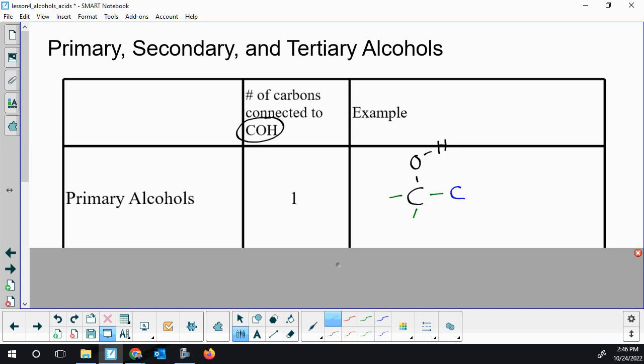That could be 2 in a row, 3 in a row, 10 in a row. Doesn't matter. And the other 2 bonds need to be hydrogen. So how many carbons are connected to the black C to the O to the H? Just one. So this is what primary alcohols will look like. The hydroxyl is in the 1 position. It's at the end. So we're going to see a -1-OL in the name.